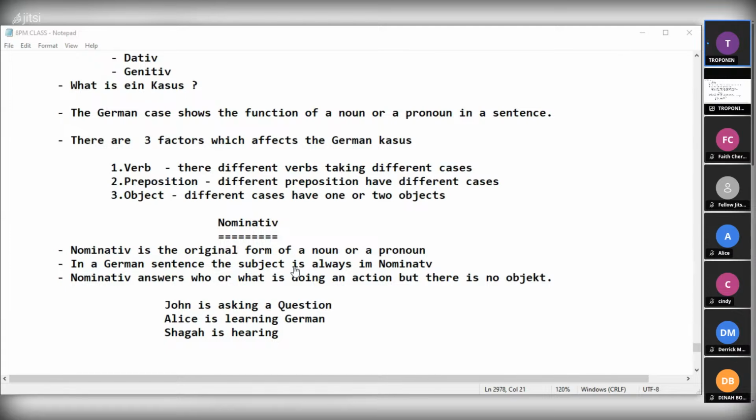Either Shaga's logged into the class or Shaga is playing Aviator somehow, anataki watu wasikie sauti ya fiu imetoka, or Shaga during shift ako TikTok. So we don't know. But now if I say Shaga is listening to music, that music is what? An object. And if an object has been added, it is now in accusative form.